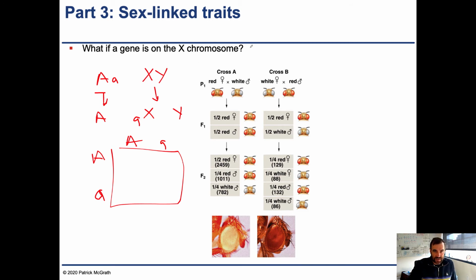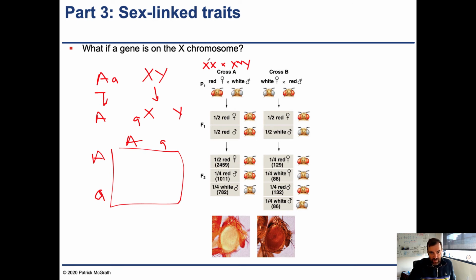So let's talk about an example of that. What if the gene is on the X chromosome and it controls the eye color? Let's say we have a pure population, and it looks something like this. Typically we would draw it like this. There's a gene on the X chromosome.